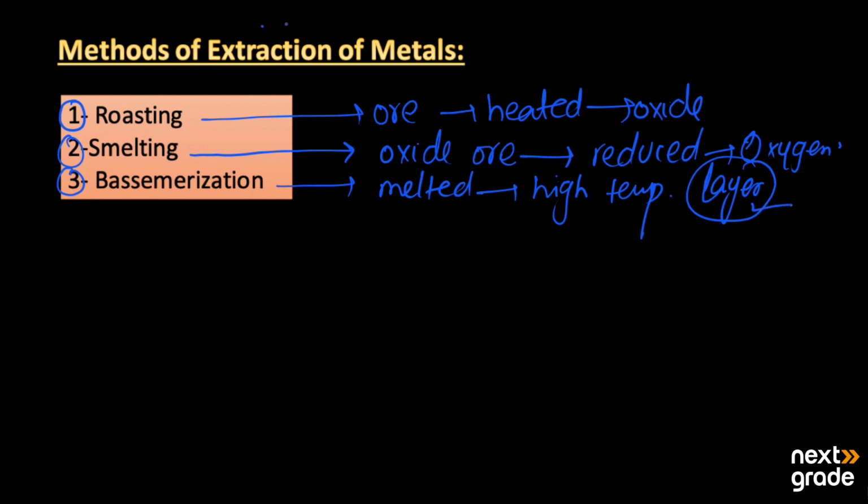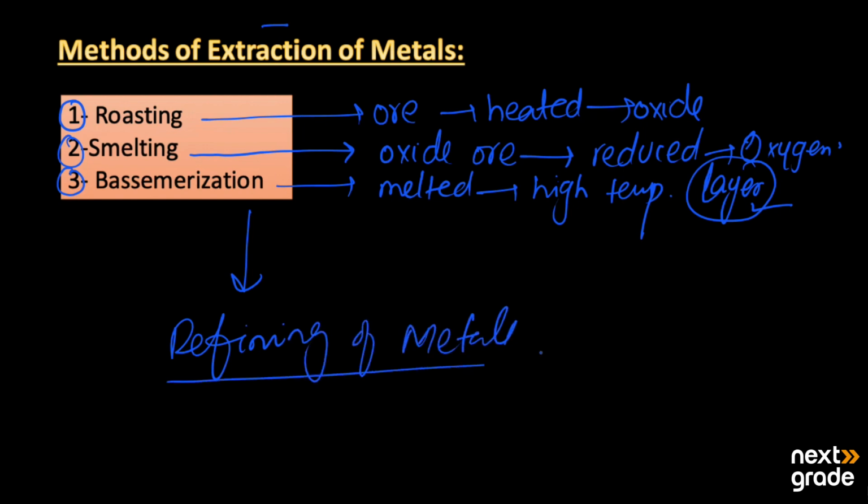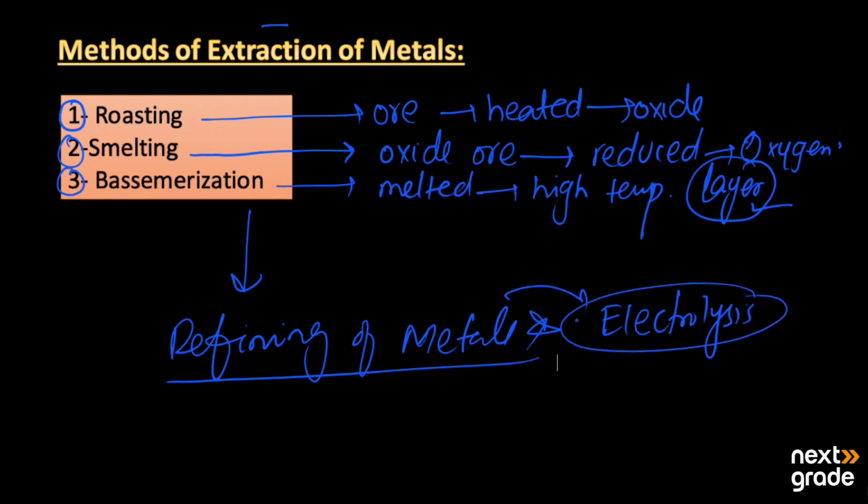These are the three methods. And after all these three methods, we have the process of refining of metals, in which the metal is refined by different methods, such as electrolysis, known as electrolytic refining.